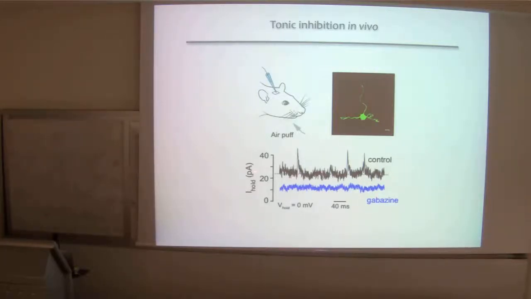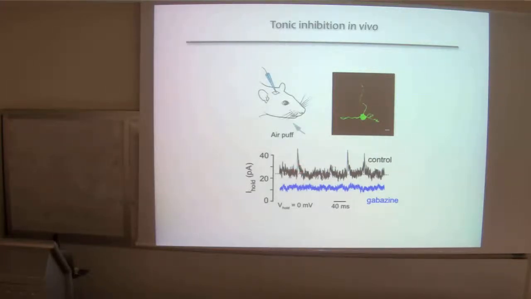And when we do this, if we look in control, this is a voltage clamp recording, and we're holding the cell at 0 millivolts, the reversal potential for excitation. So here, all we're seeing is inhibition. These outward currents that you can see here are phasic inputs from Golgi cells. This is phasic IPSCs. Then when we apply the GABA receptor antagonist, it blocks all GABA receptors in granule cells.